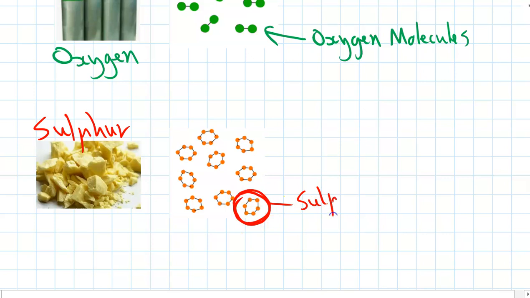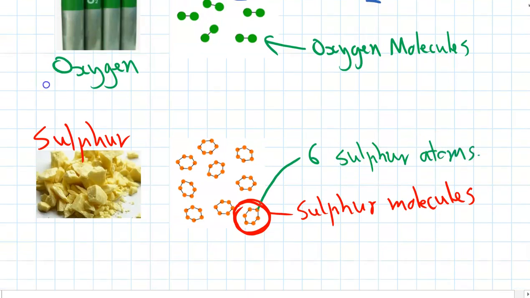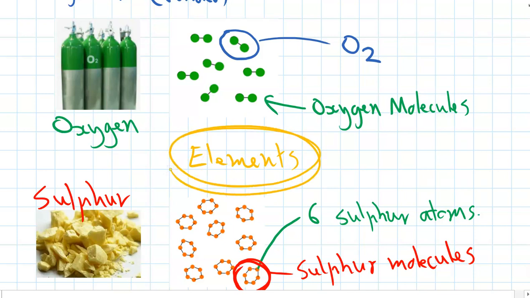So each one of these are sulfur molecules, and each one of those molecules is made up of 6 sulfur atoms. So oxygen and sulfur here are still both elements because they're only made of one type of atom, but they're also molecules because the atoms are bonded together in molecules.